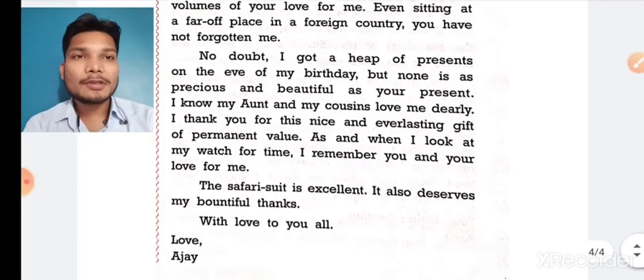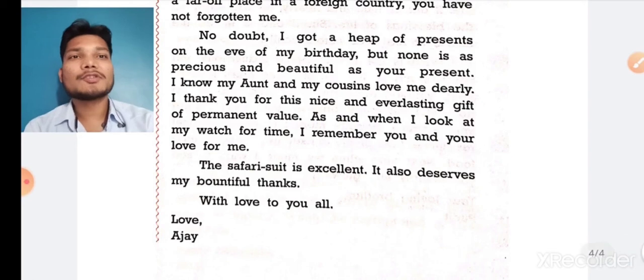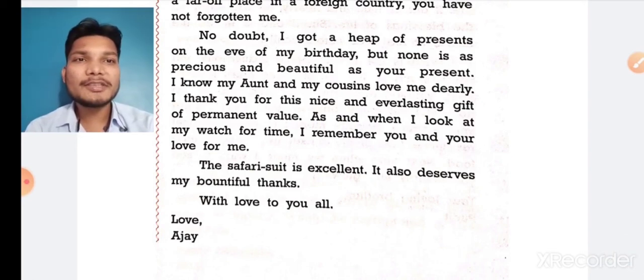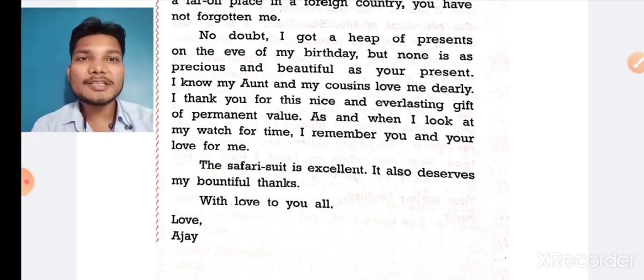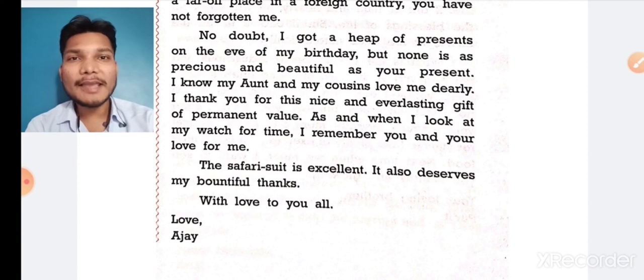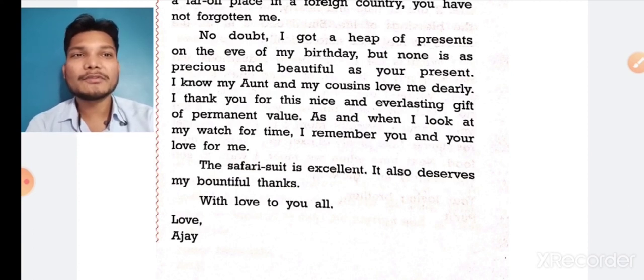No doubt I got a heap of presents on the eve of my birthday, but none is as precious and beautiful as your present. I know my aunt and my cousins love me dearly. I thank you for this nice and everlasting gift of permanent value. So, this is how you are thanking your uncle for his precious gift.